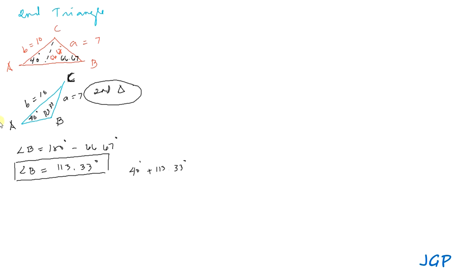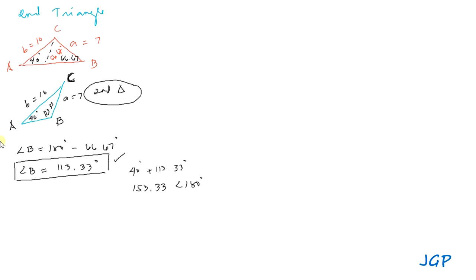The total of this is 153.33, and that is less than 180 degrees. So, we proved that we can create another triangle, and this triangle really exists. So, this one is correct. So, you have now the value of your angle B.